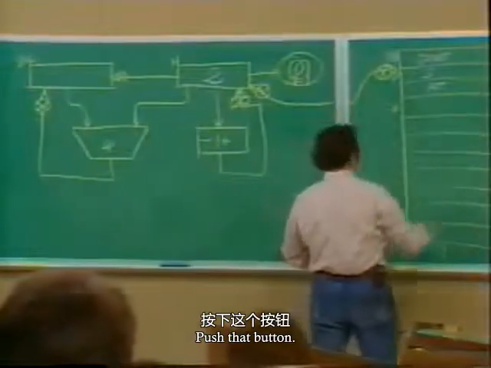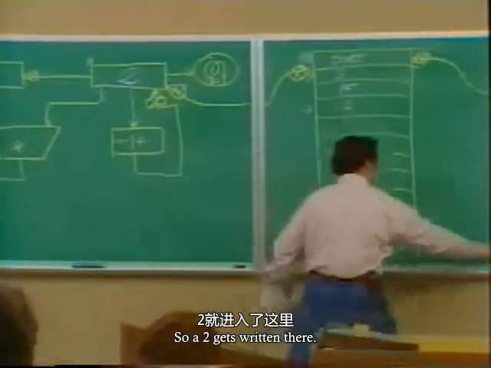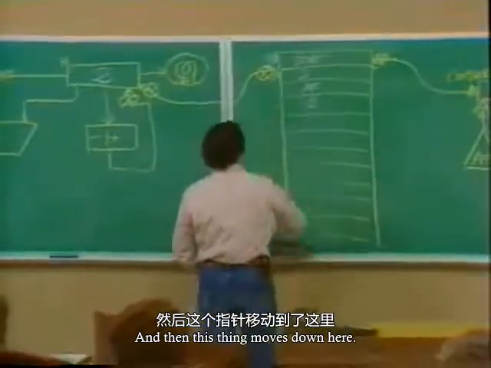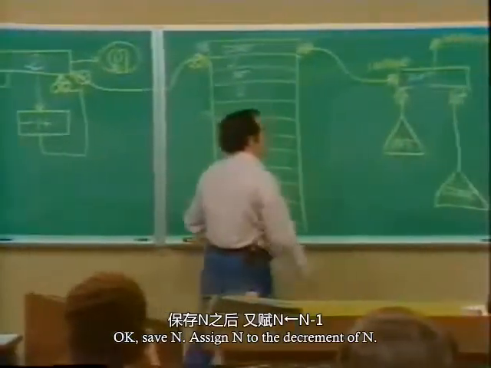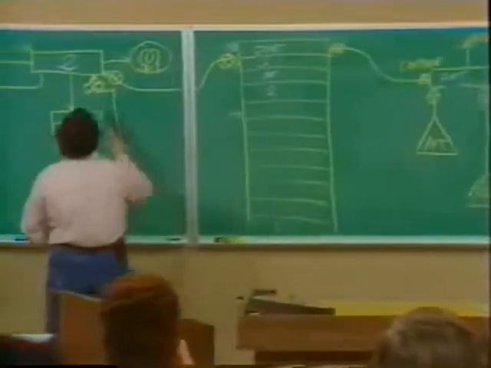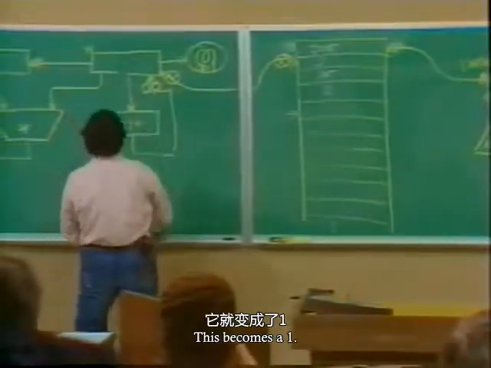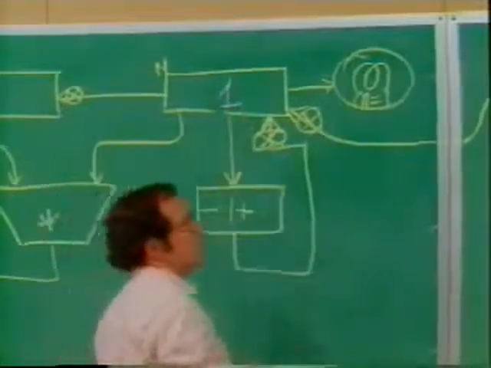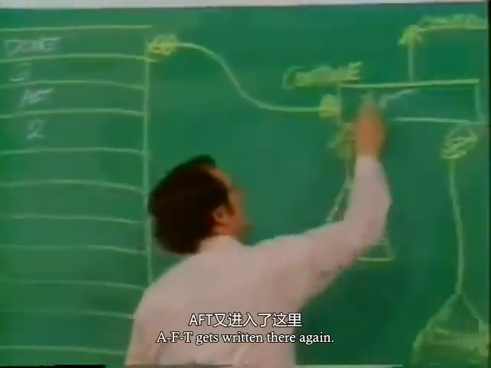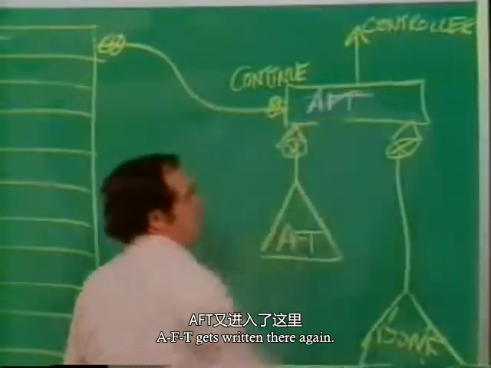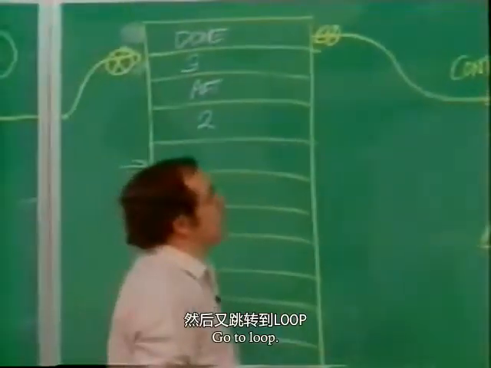Push that button. So a 2 gets written there. And then this thing moves down here. Okay, save n. Assign n to the decrement of n. This becomes a 1. Assign continue to aft. A, F, T. It's written there again.